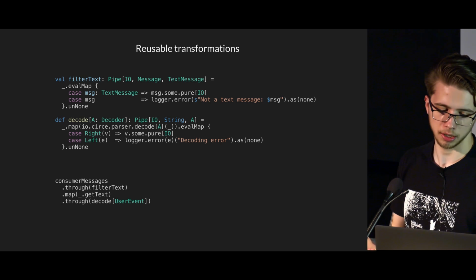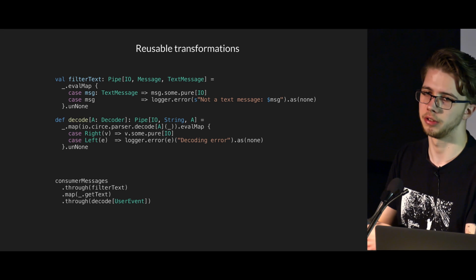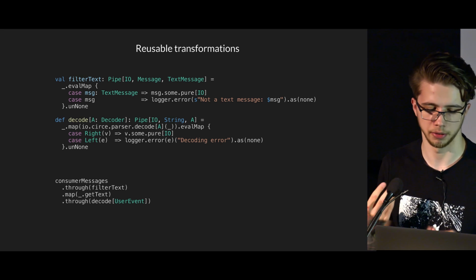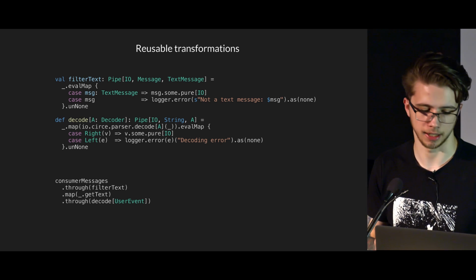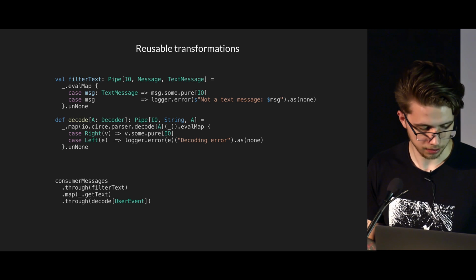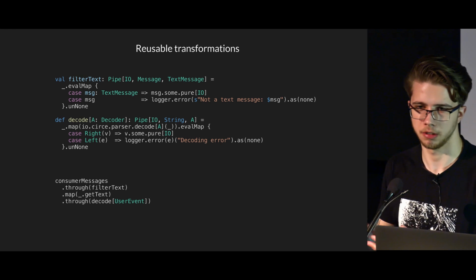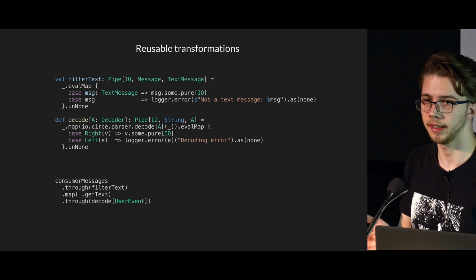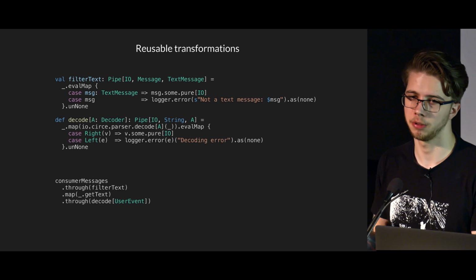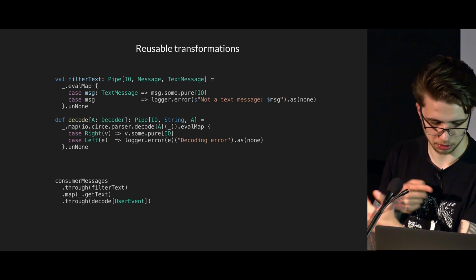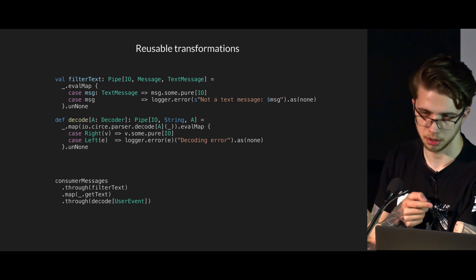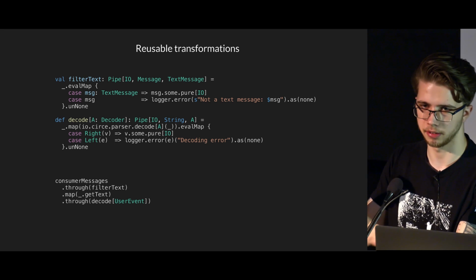And in the second one, I map each element to the result of decoding using Circe, and I only collected the ones that were full again. But pipes can get much more complex than that. They can carry state while we are processing something. And I actually have a demo for this, but I don't want to switch too often, so we can get back to this later if we have time.